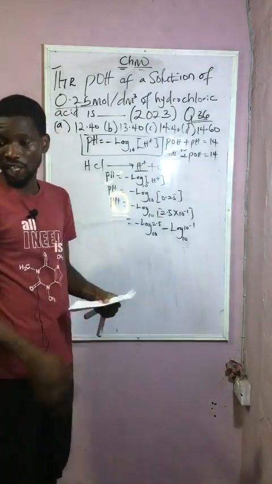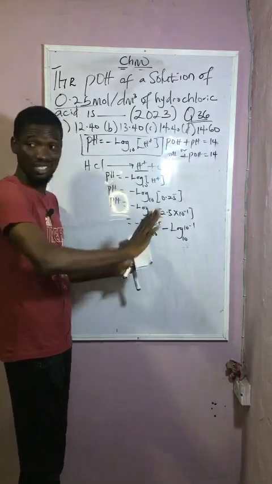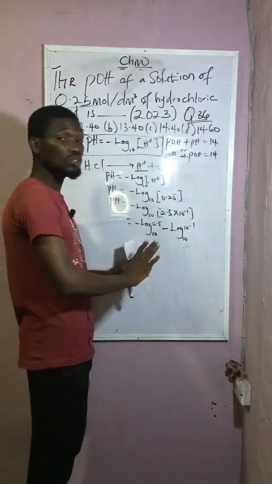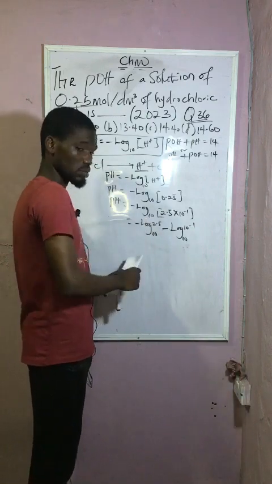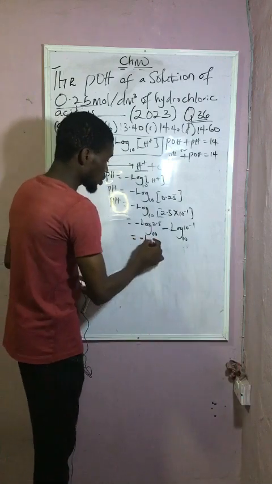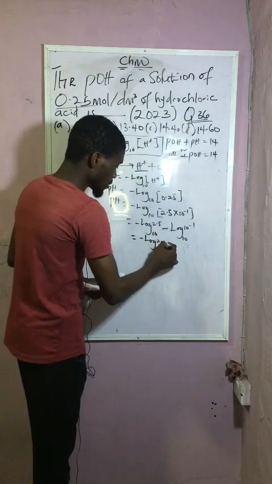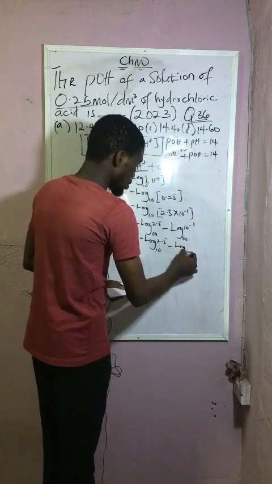And mind you, in your JAMB, they won't give you anything based on this. Are you with me now? So now we can say we have minus log 2.5 base 10 and this minus log.